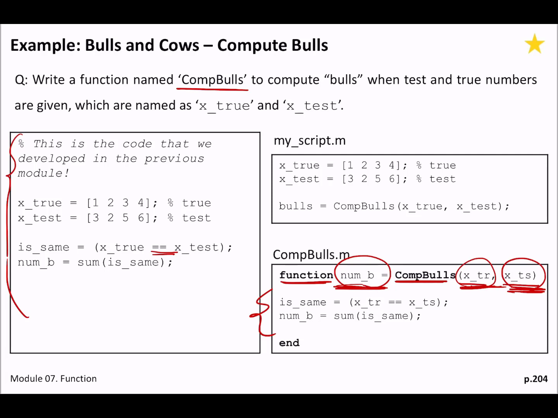Okay, and then we store this compute bool in a separate m file. The name should match your function name, compute bool.m.